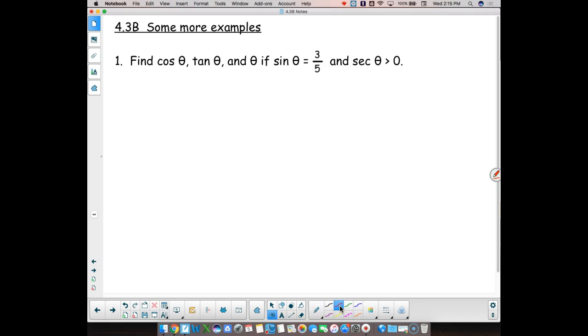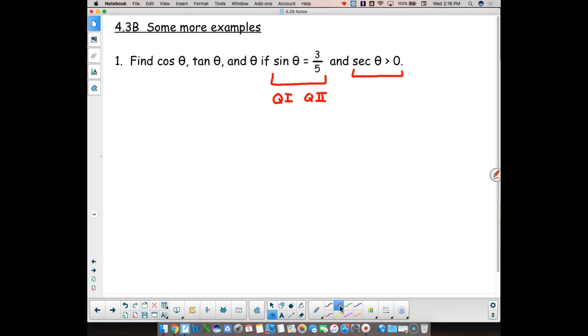So if I look at here, I would say that the sine of theta is positive in quadrant number 1 and quadrant number 2. Top half of the unit circle. And then I would look over here and I would say that secant is paired with cosine, right?